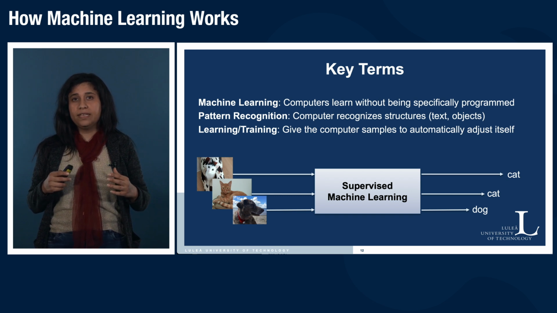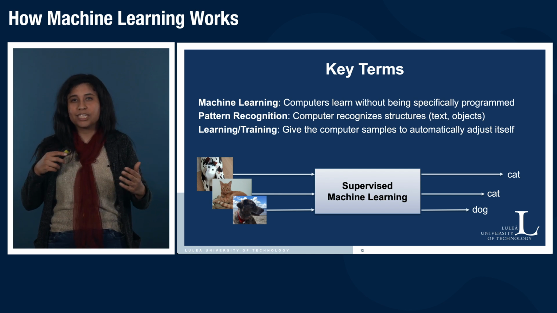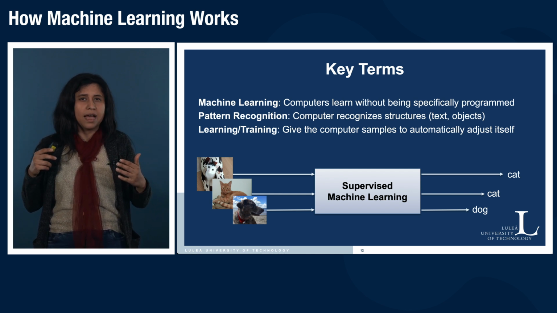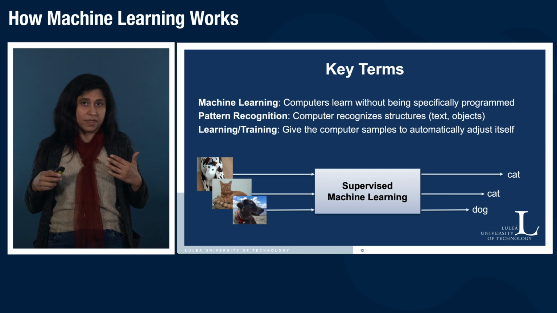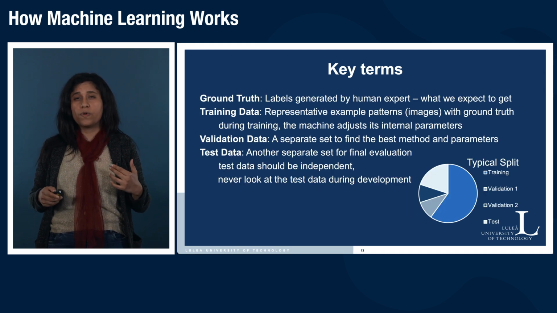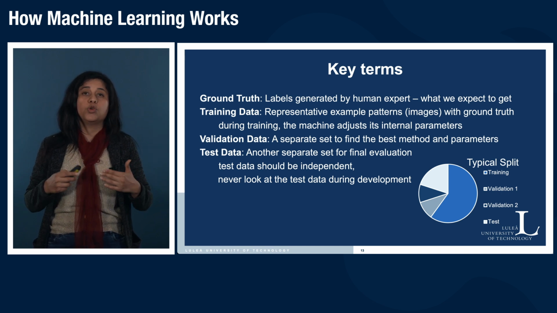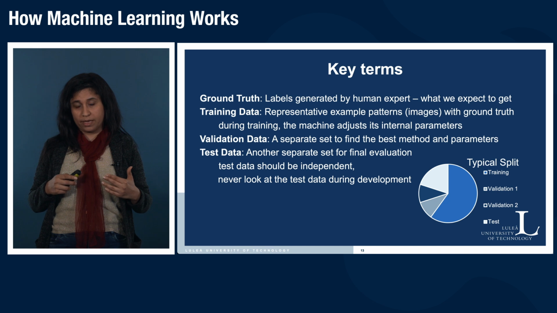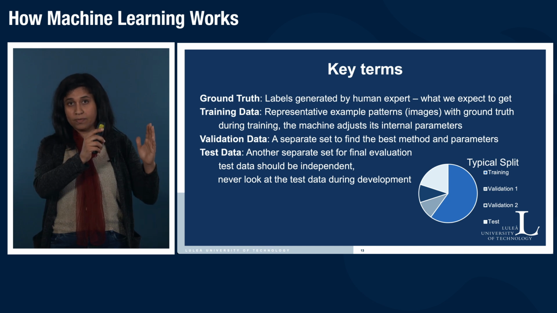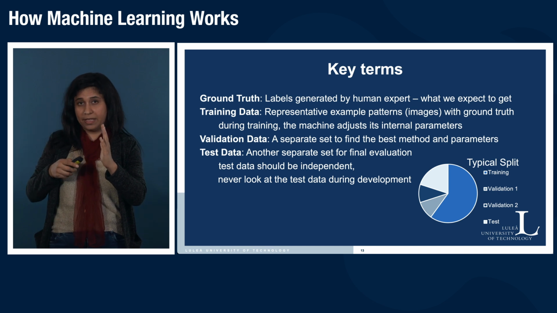recognition. And training: we give the computer samples to automatically adjust itself and learn by itself. This is the learning. And when I say ground truth, this means the label generated by a human expert. When we give the data and also the label, this label in the training is the ground truth, and the human expert generated that label.